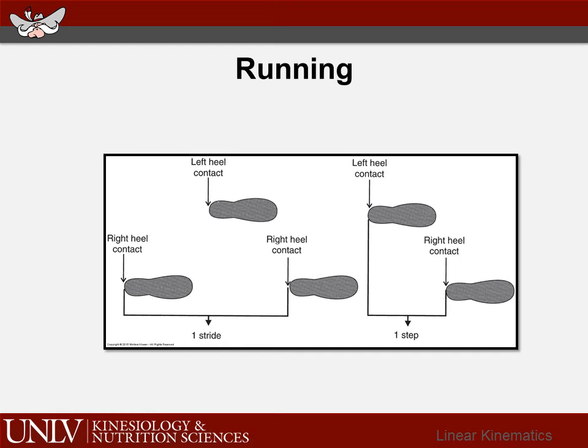Stride is different: stride is from right heel to right heel. From right heel, it goes through swing phase, comes down and strikes again. So the length of my stride is from the same foot hitting the same place, measured consecutively, where step is from right to left or left to right. Okay, so that's a very strong depiction.